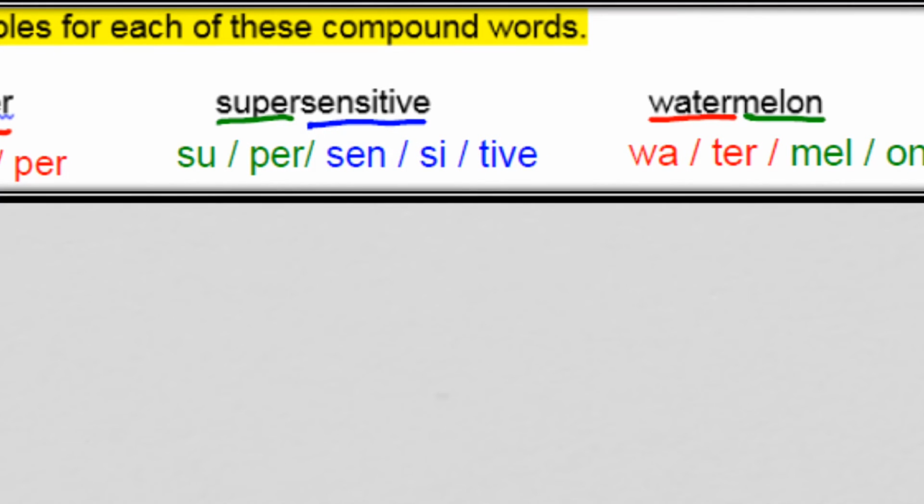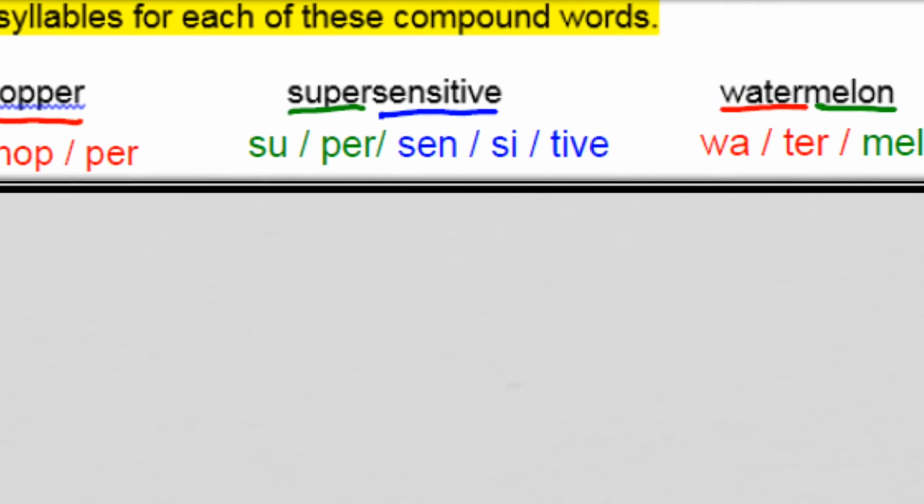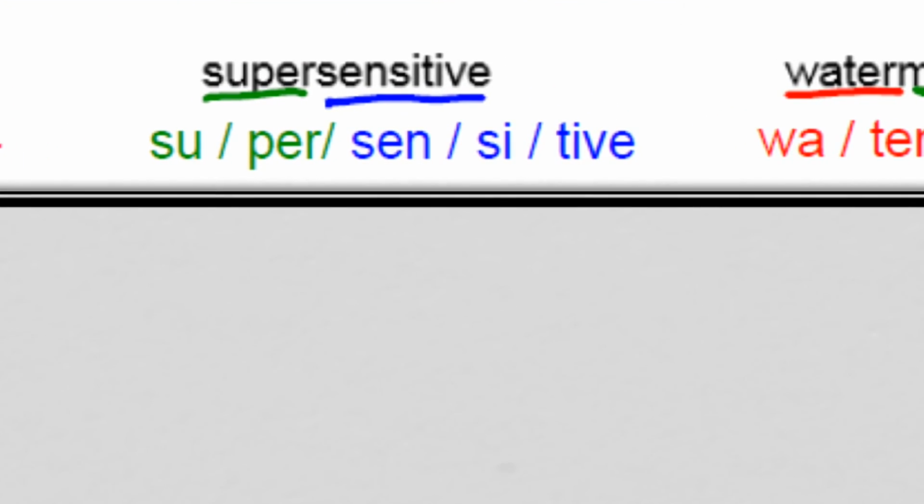Here's another compound word. I wanted to share one that had lots of syllables in it. We could look at the compound word supersensitive. It's all one word. If we look at each of the words in there, supersensitive has got super in it and it has sensitive in it.